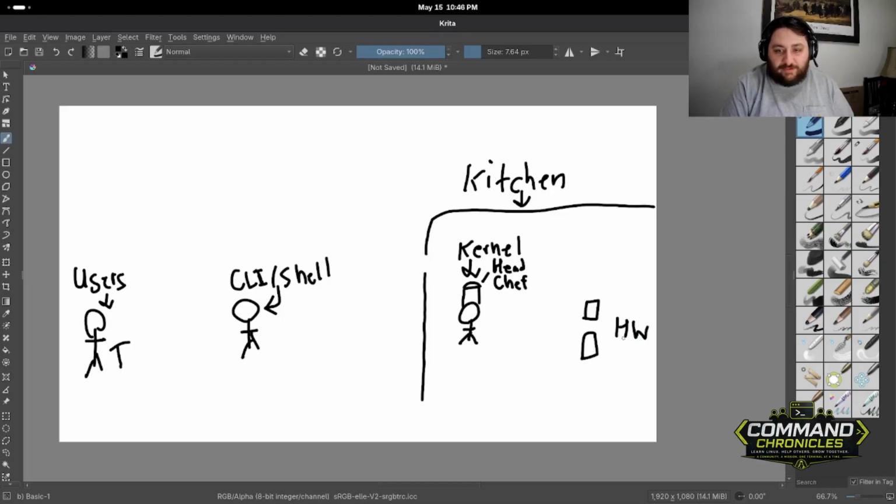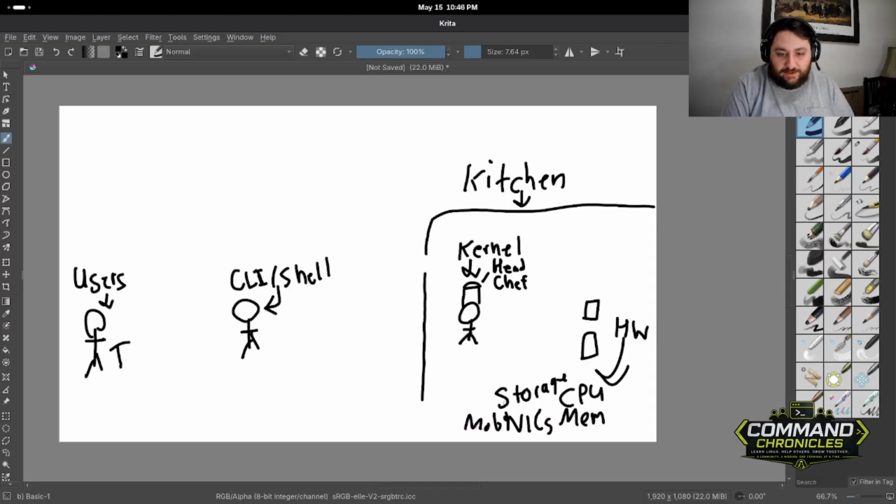And so, hardware includes CPUs, memory, storage, NICs, motherboard, etc.